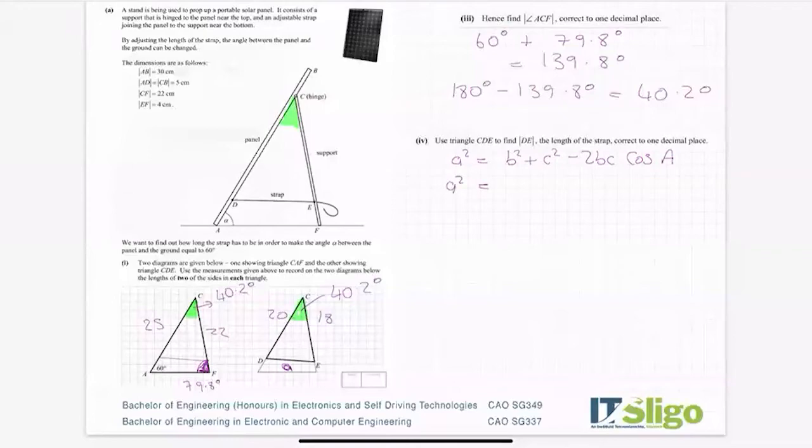You could of course call it DE is equal to B squared plus C squared minus 2BC cos of 40.2 degrees. Okay, you can do that out all in parts, or it's just all numbers. You could just put it into the calculator all in one go.